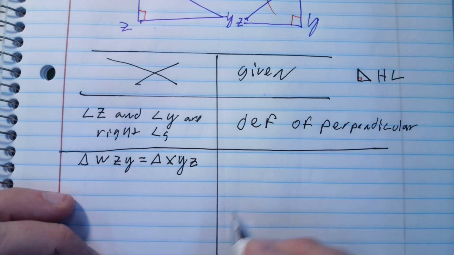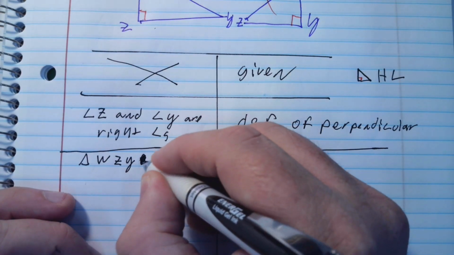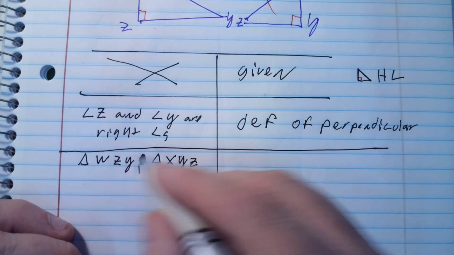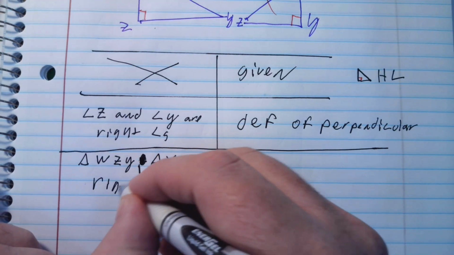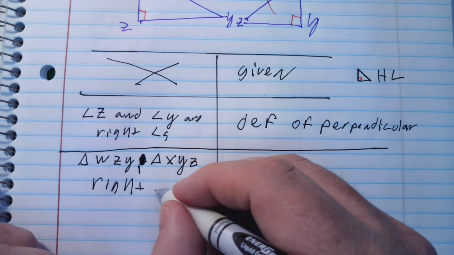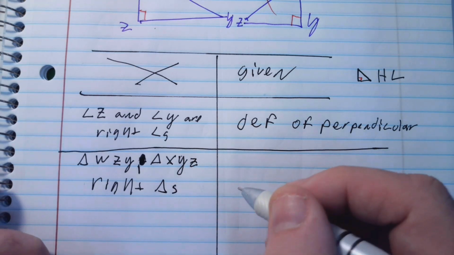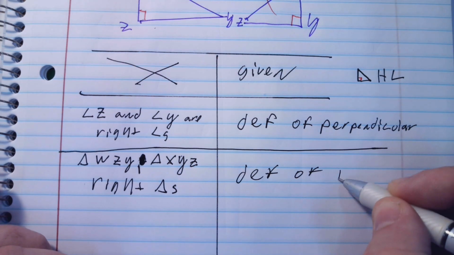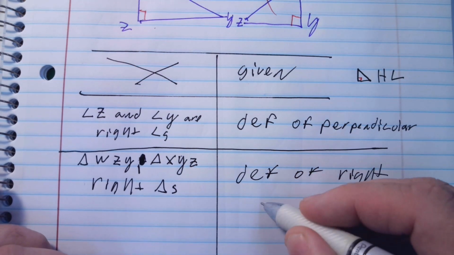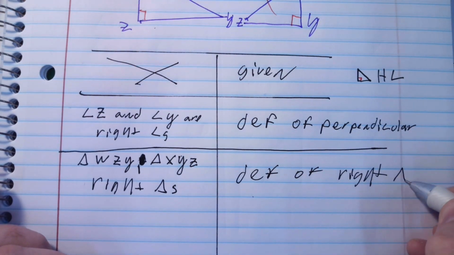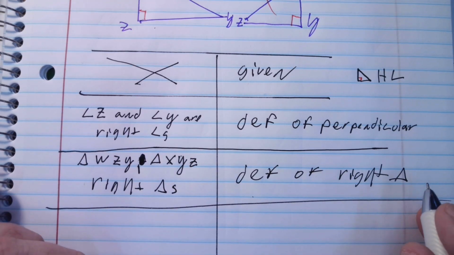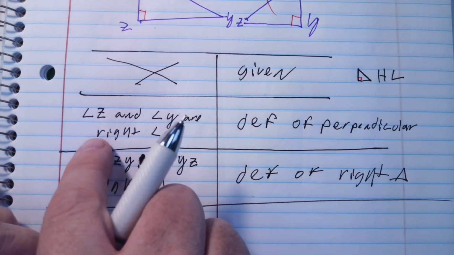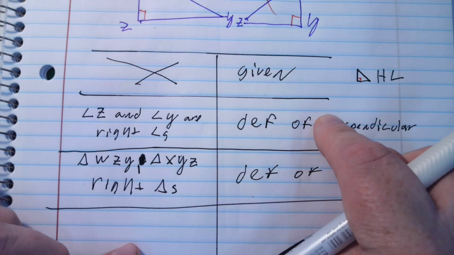There we go. All right. I don't mean equal. I meant comma. These are right triangles. Why do you think they're right triangles? Because they have right angles. Right? Sometimes definitions are the hardest part. We know that these are right angles because of the definition of perpendicular.